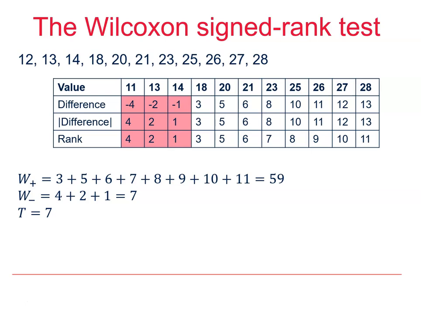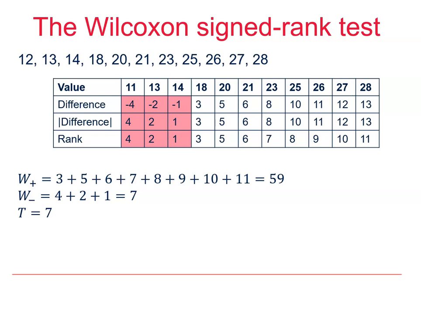Now let's think about what T means. Remember that the total of W plus and W minus is fixed by the sample size. If the data is representative of the null hypothesis, it will be roughly symmetrical about the median, and W plus and W minus will be roughly equal, about half the fixed number, in this case 66.